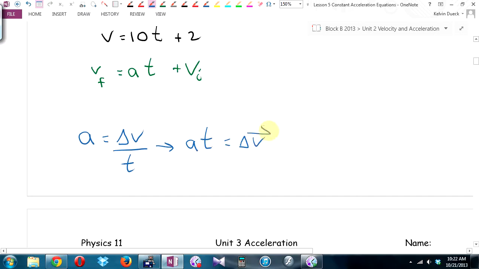What did you tell me change in V was? Is the same as this equation. If I wanted to get the V final by itself, I'd have to move this V initial over. What's in front of the V initial, Jacob, my friend? How would I move it over?